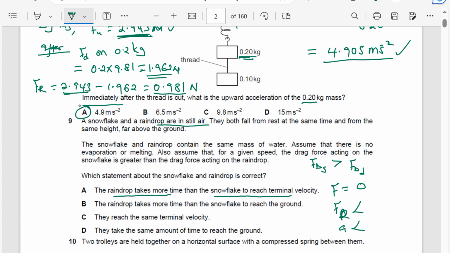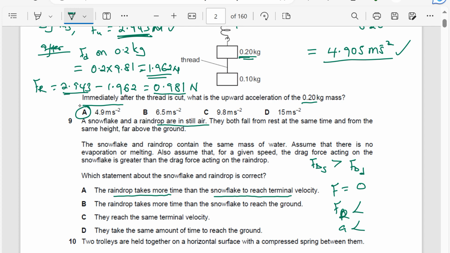What does that mean? The one with the smaller acceleration takes a longer time to reach terminal velocity than the one with a bigger acceleration.